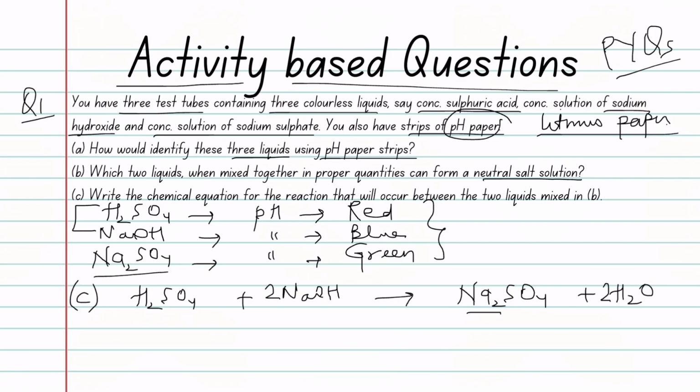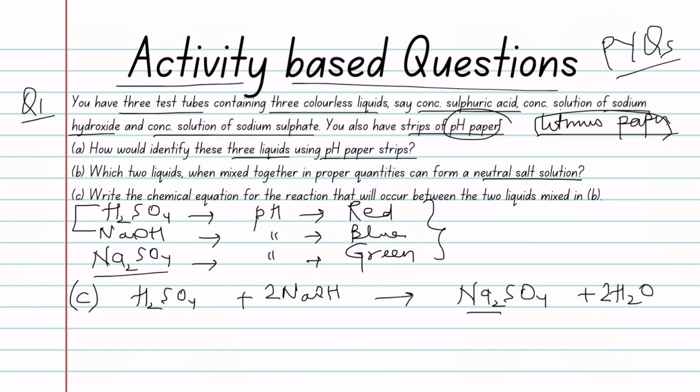But when we talk about litmus paper, you have only 2 options, red litmus and blue litmus paper. Litmus paper can only tell you whether something is acidic or basic. Okay, it will not give you different colors, right?